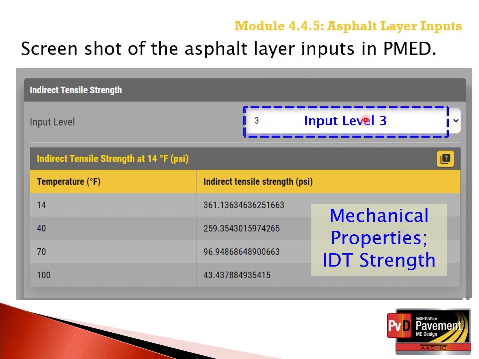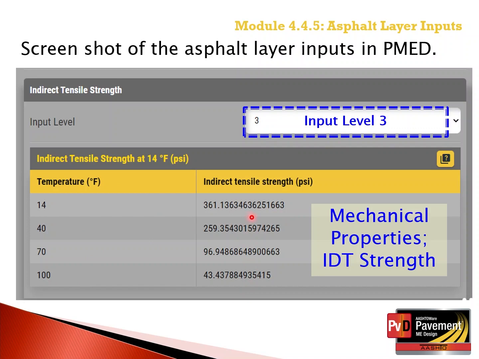When the indirect tensile strength input level 3 is selected, the table of strength versus temperature is automatically filled in with the input values, and the indirect tensile strength at these temperatures are calculated by the regression equations embedded in the PMED software.